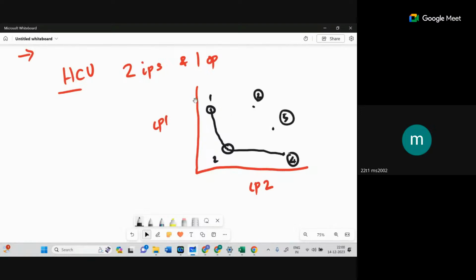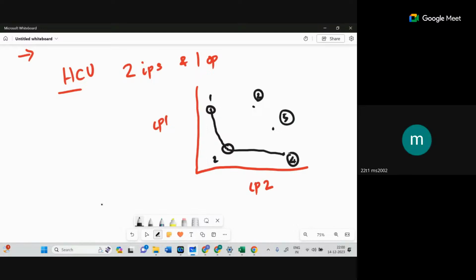Here 1, 2, and 4 lie on the efficiency frontier, which means they are already efficient. So now, how do you make 3 efficient? How do you make 5 efficient? We draw an intersection from the origin. Wherever it intersects, we have to pull down the values to that level.